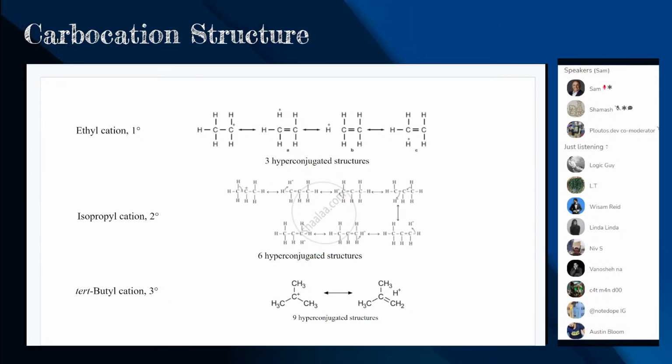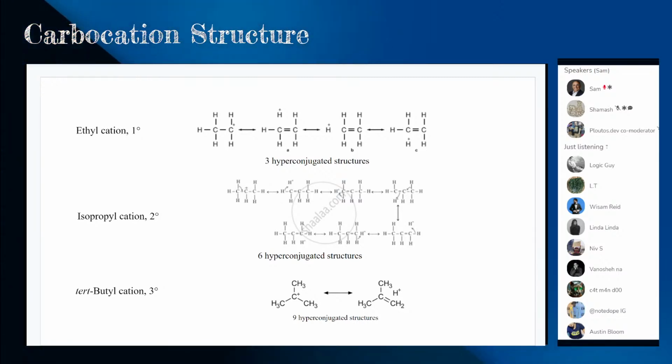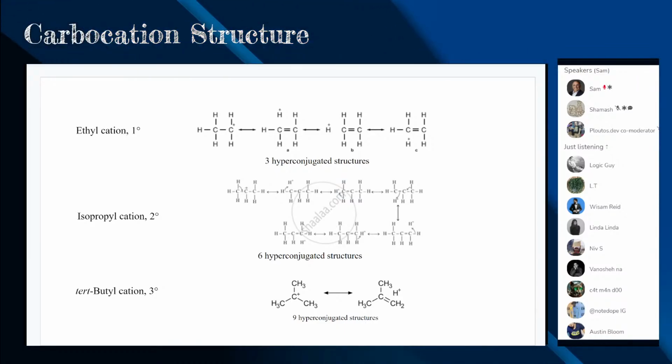George Olah in 1977 went to the University of Southern California and basically devoted the entire 1980s to the debate that he had with Herbert Brown.